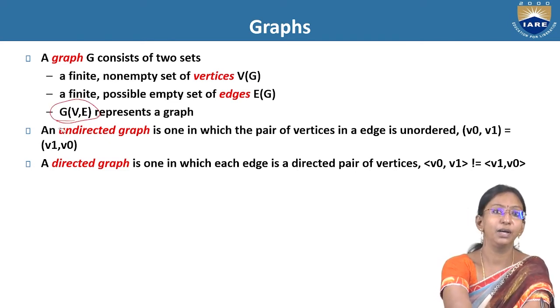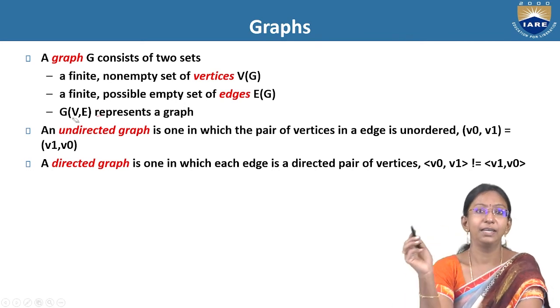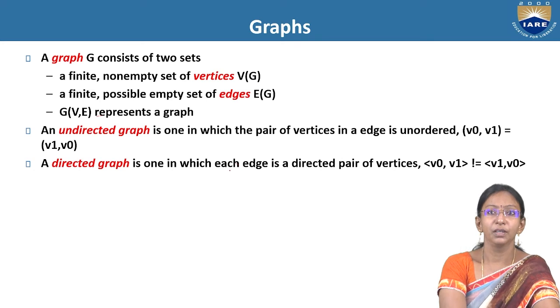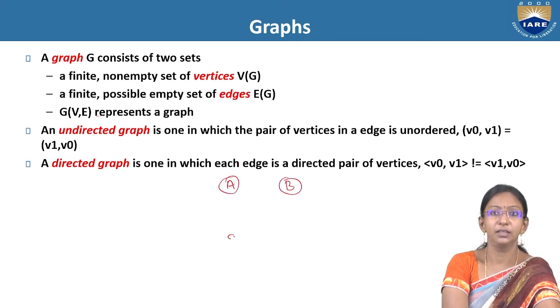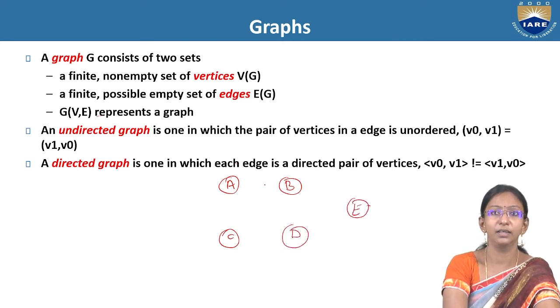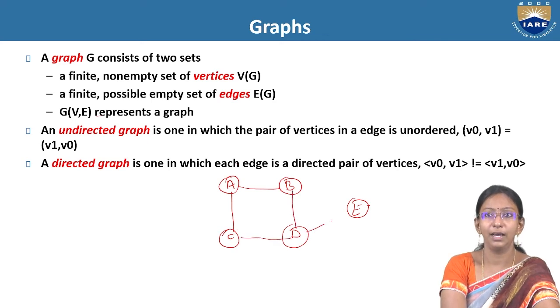So basically we have two types of graphs, directed and undirected. For example, if you have nodes A, B, C, D and E, say 5 nodes are there and edges which connect them are like this. So as it is undirected, say I'm not having any arrows over here.